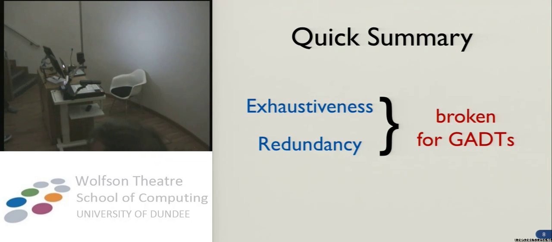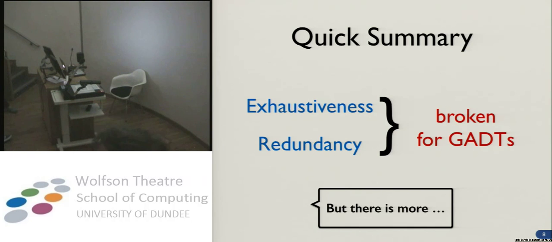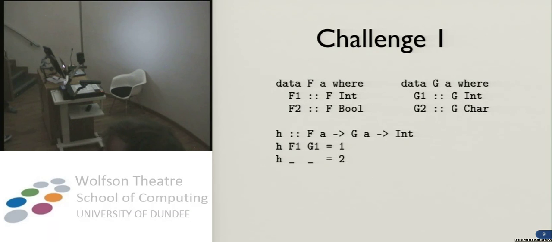But while we were investigating this, we came across some other issues, not necessarily related to GADTs, that were not handled well in GHC. And I've got a little quiz for you. Here is a small program. It involves two GADTs, F and G, and they both have one index. You have two constructors on both sides.